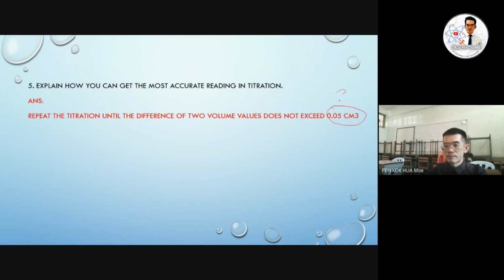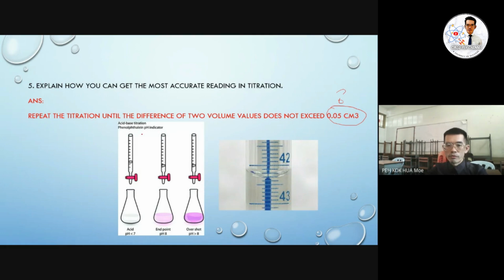What does this mean? Here is an example of neutralization between an acid and an alkali. We use the indicator phenolphthalein, which appears pink in alkaline condition. Initially, the acid together with the phenolphthalein is colorless.